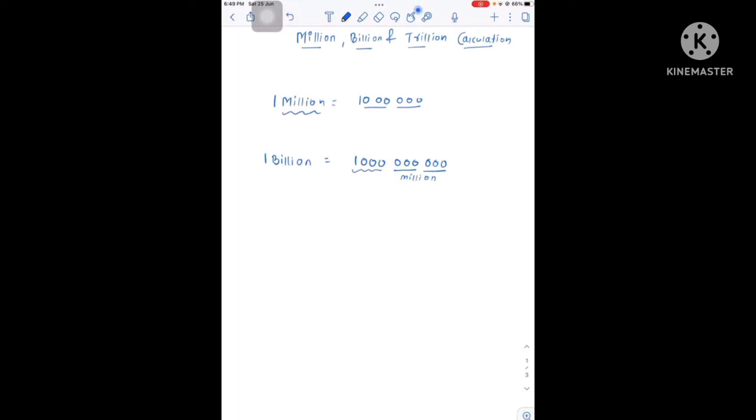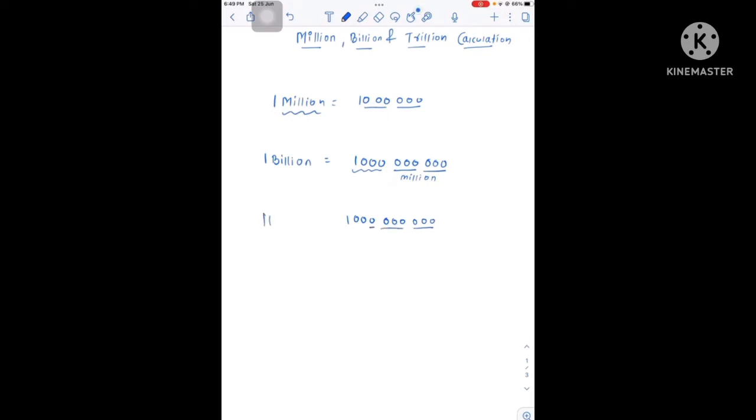Now let's move to trillion. But before that, I want to show you how you can read a billion figure in crores. You can also convert this into crores. Let me write it down once again. A billion figure will include a total of 9 zeros. In 1 crore, we have a total of 7 zeros: 3 and 3, total 6, and 1 more, 7.